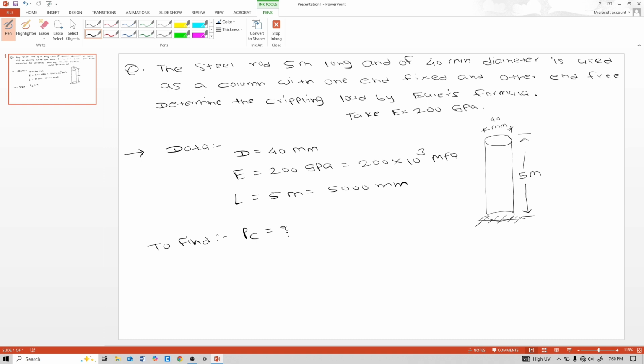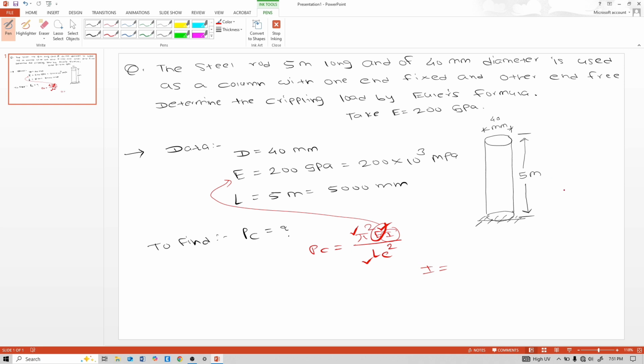So first, see the solving methodology. Our PC, crippling load, for one end fixed and other end free condition, the formula is pi square EI upon LE square. What is this LE? LE is the effective length. Pi square is a constant. E is the modulus of elasticity, which is a given quantity in the numerical. And I is the moment of inertia.